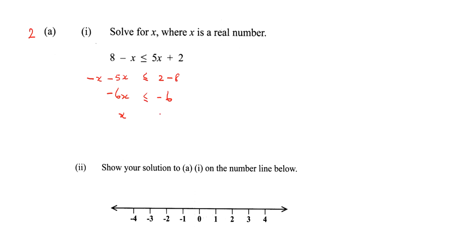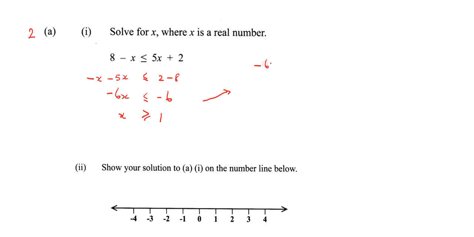Now, whenever you divide by, let's say, minus 6 here, we have to change the sign and it'll become greater than or equal to 1. Right? If that is not clear, let me show you what I'm doing here.